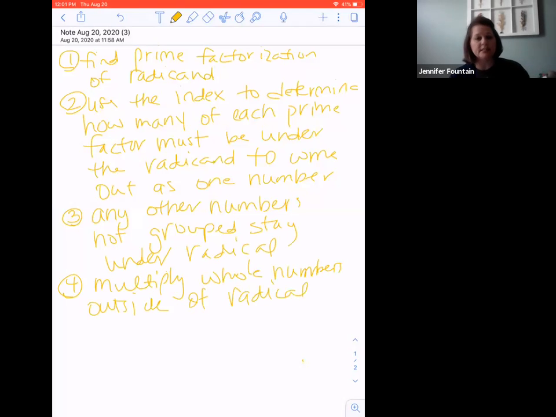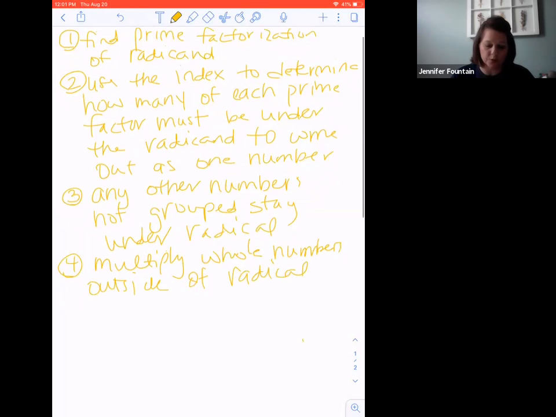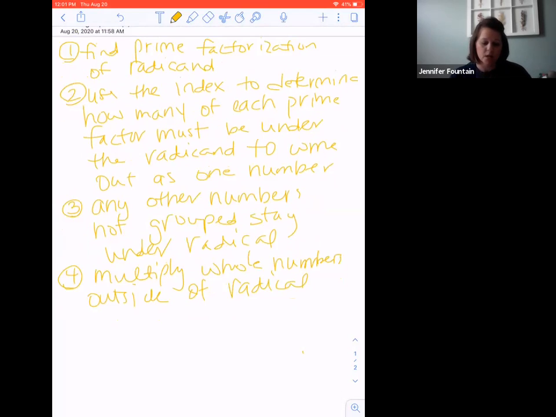Okay, so we're going to use these steps to walk through some of these things. So let's do the square root of 84. Step 1, I need to do prime factorization.